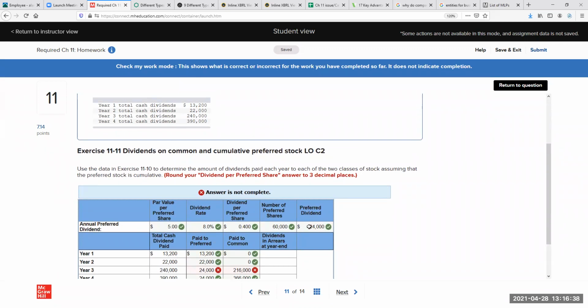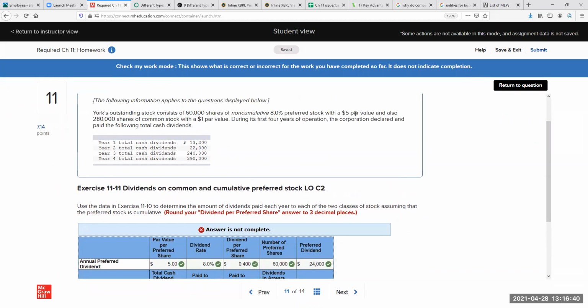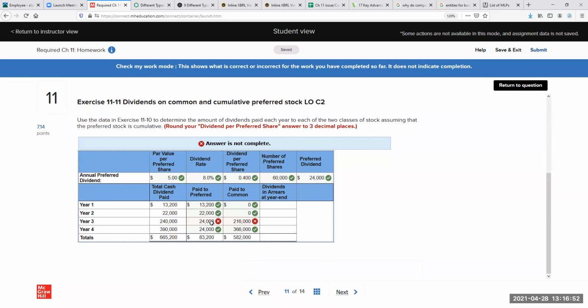They get 24 a year. Now let me just make sure my math is right. You got $5 par times 0.08 is 40 cents times 60,000 is 24,000. Now, I don't see anything wrong with what I did. You owe them 24,000 a year. You can see it. You owe them 24 that year, and they get the rest. So I have no idea why there's anything in arrears.